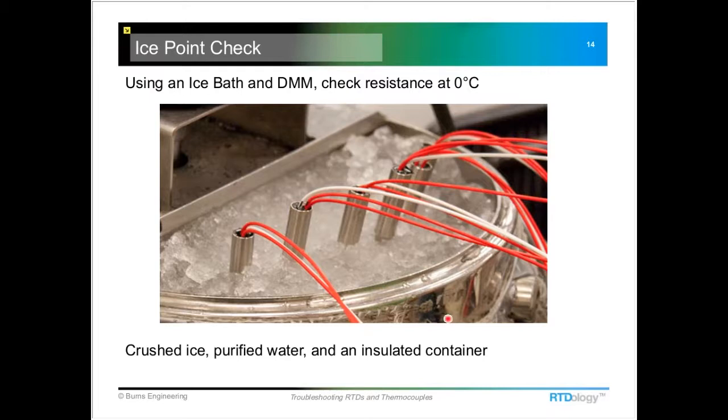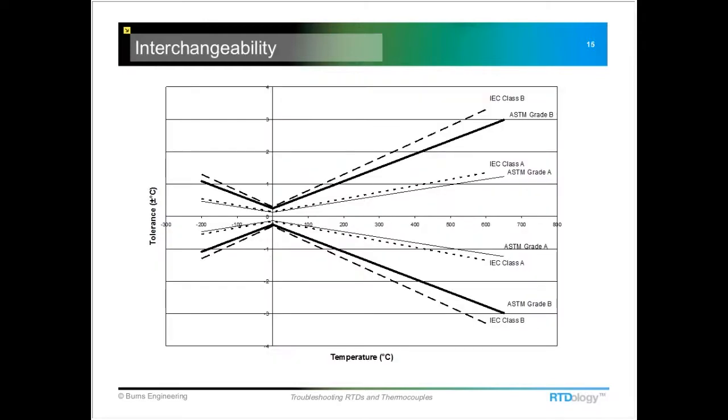If you don't have an ohm meter that does lead wire compensation, you can do it manually by measuring the resistance in the two red leads, and then subtracting that from what you measure between the white lead and one of the reds. So we're doing a manual lead wire compensation, and that works pretty well. It should be 100 ohms, plus or minus typically 0.06 or 0.12 ohms.